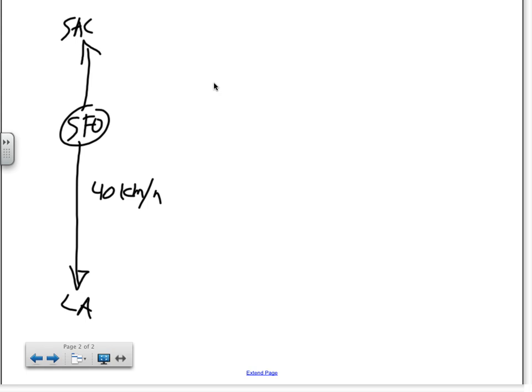Okay, so both jets started at the same airport at 8 a.m. At 10 a.m., which is exactly how many hours later? 2 hours later, right? Good. At 10 a.m., they are exactly how many kilometers apart? 2,480 kilometers apart.